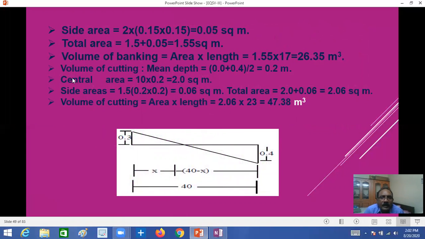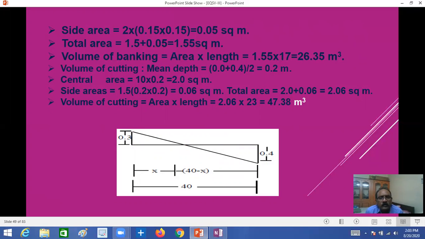Now the side area is 2 into 0.15 into 0.15, that is 0.045 square meters. Now the total area is the central area, 1.5, plus the side area, that is about 1.55 square meters. You can calculate this directly as the mean sectional area, BD plus SD square.